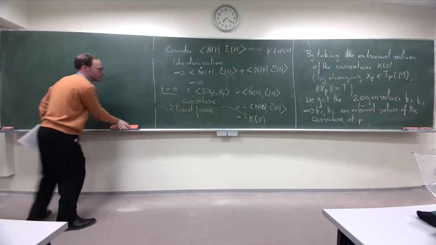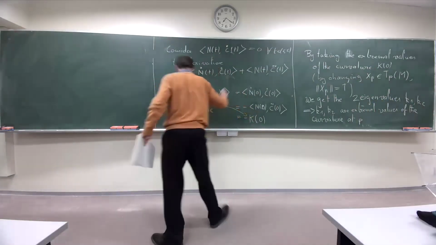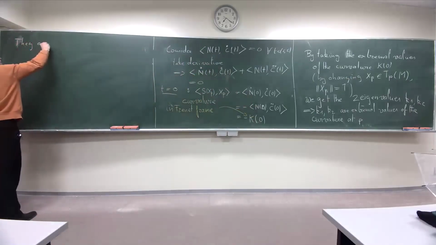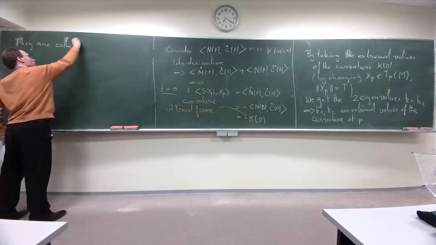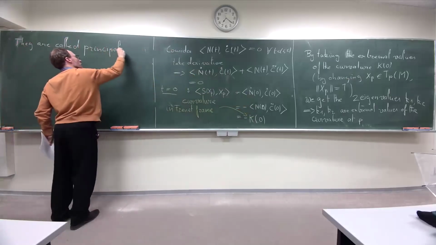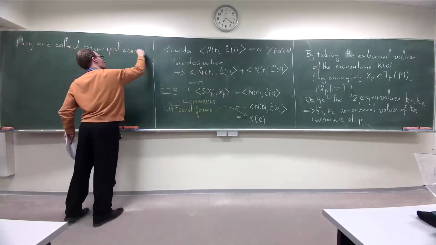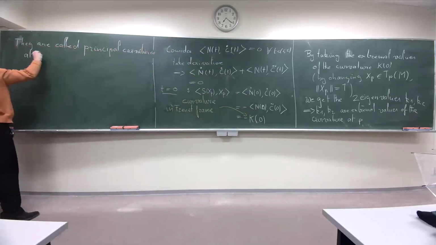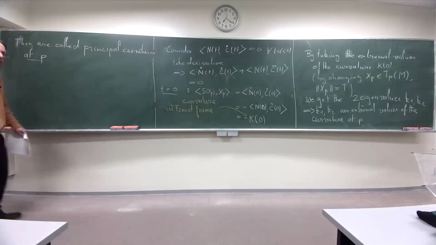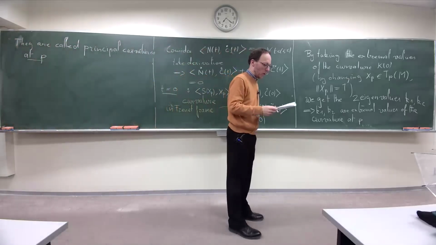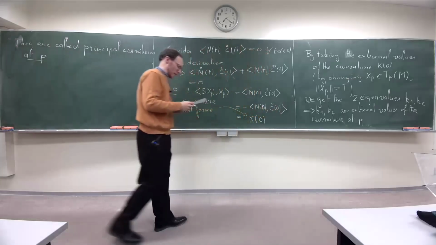So we have two principal curvatures, K1 and K2. They are called principal curvatures at P. So the K1 and K2, these eigenvalues of the matrix I introduced, are called principal curvatures.